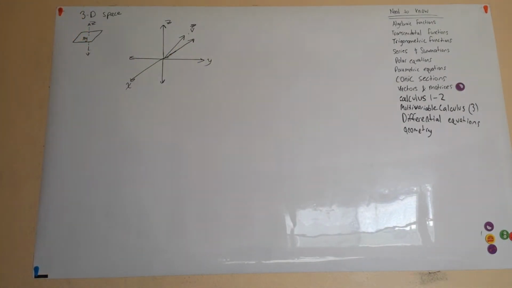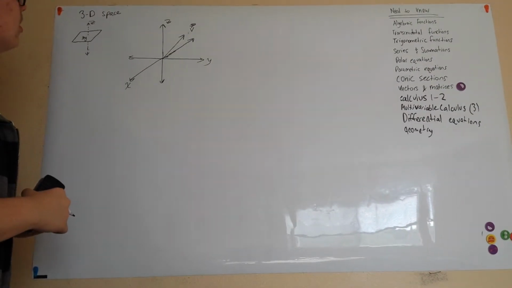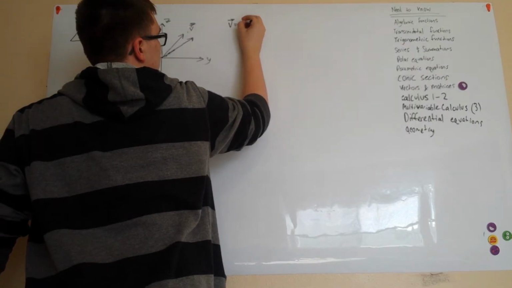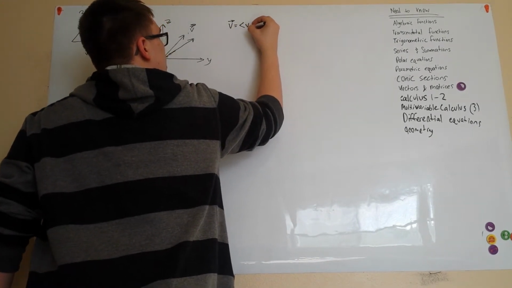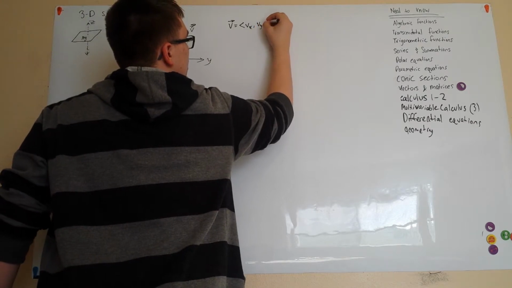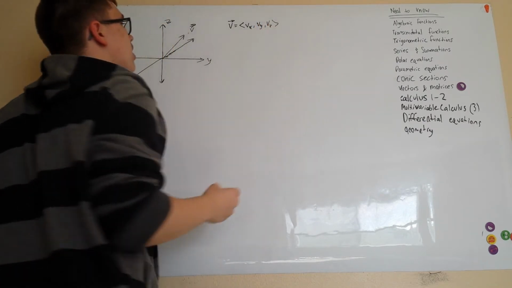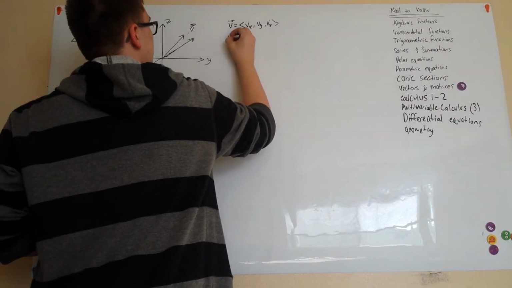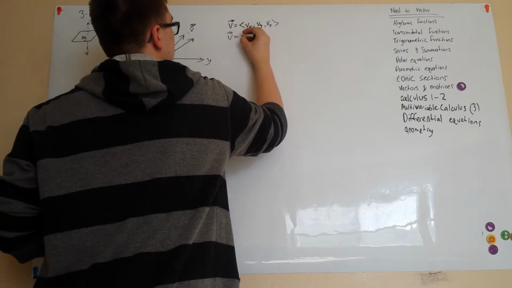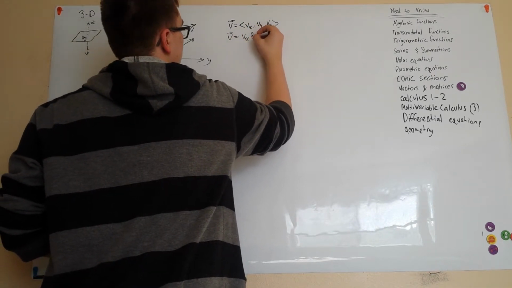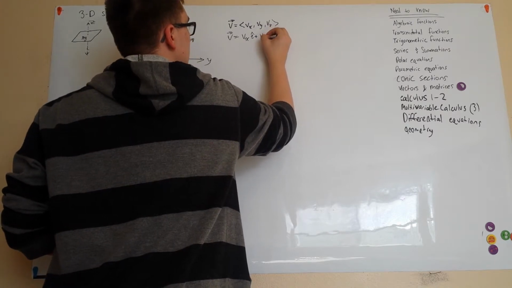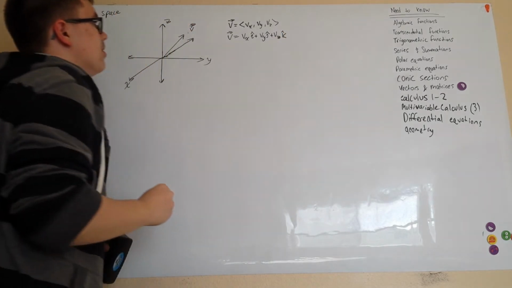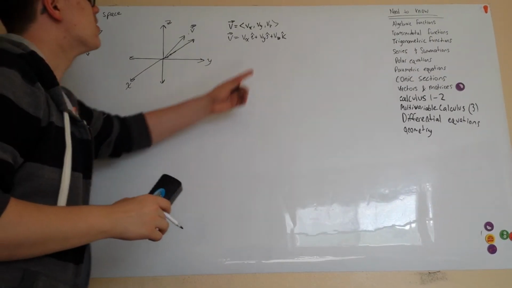Okay, so we have a 3D vector, and we can define this as the x component, comma y component, comma z component. Or we can use the ijk form. Everything's the same except the z component, and that's replaced. You add a k, so it's the ijk.